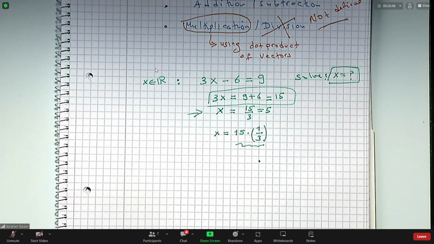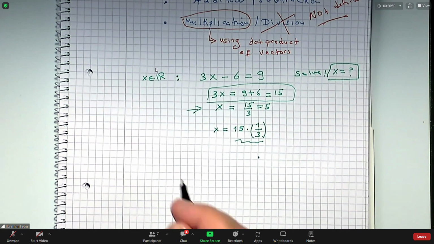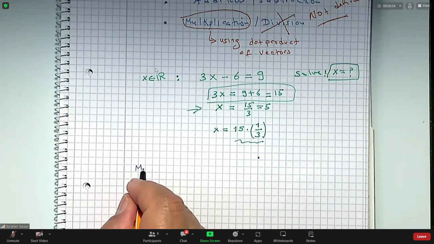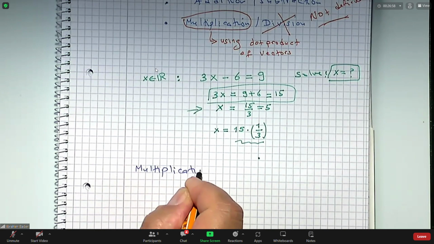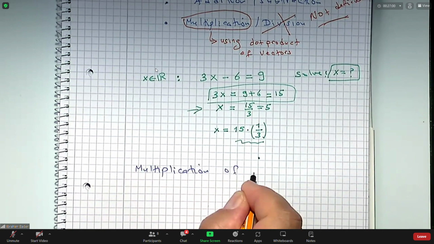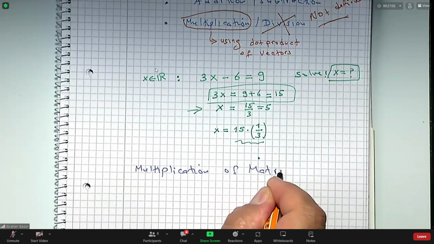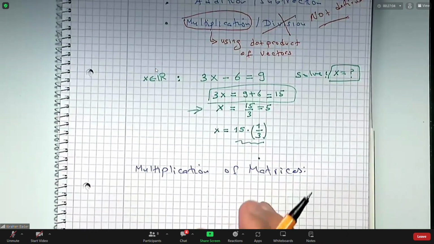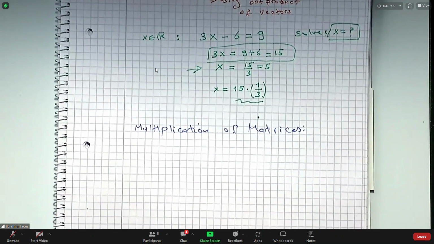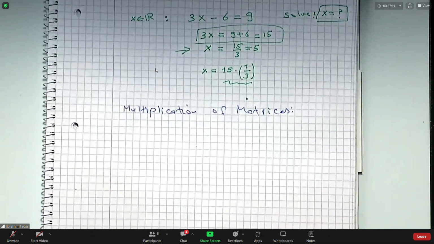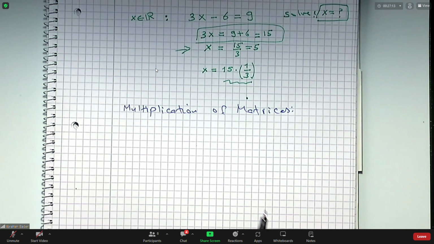Let's start by defining the multiplication of matrices, and I'm going to do it by way of an example rather than abstractly.